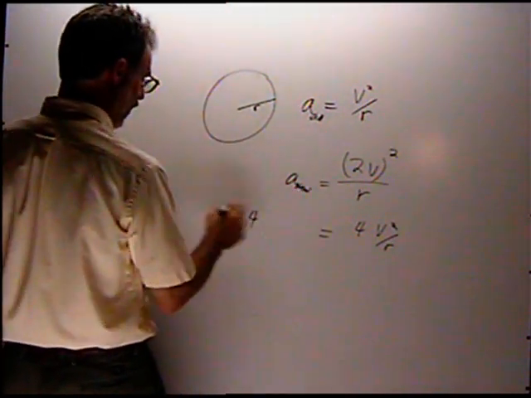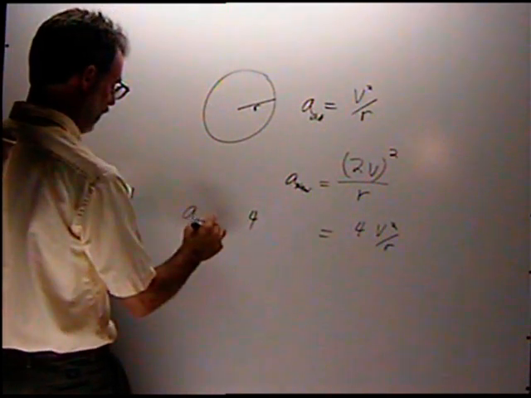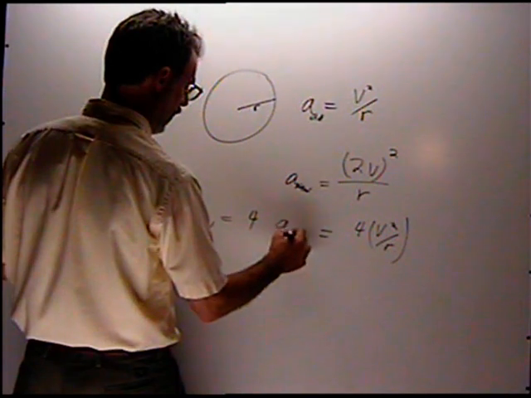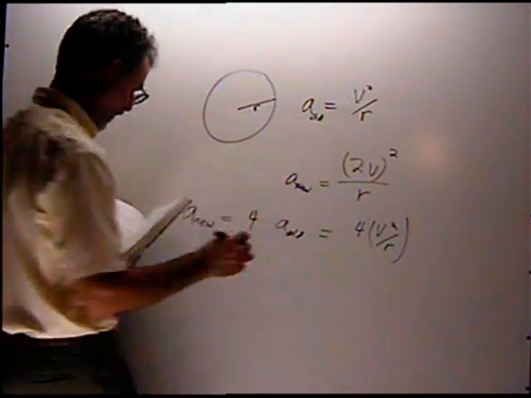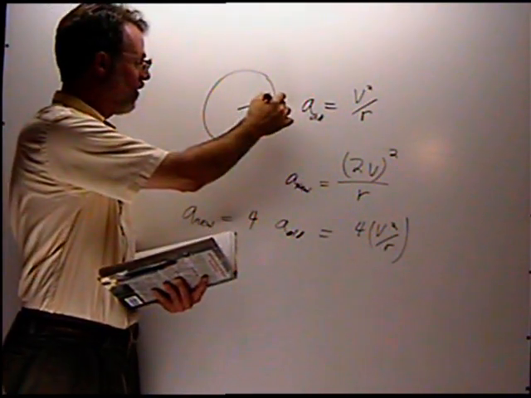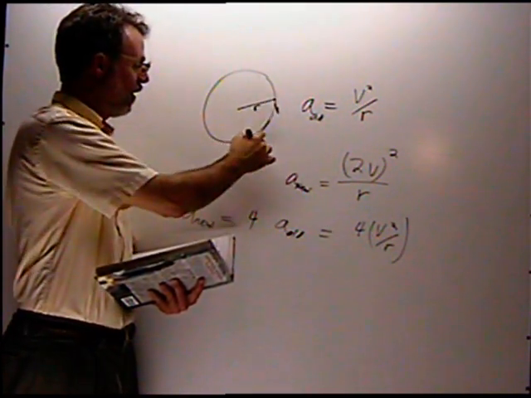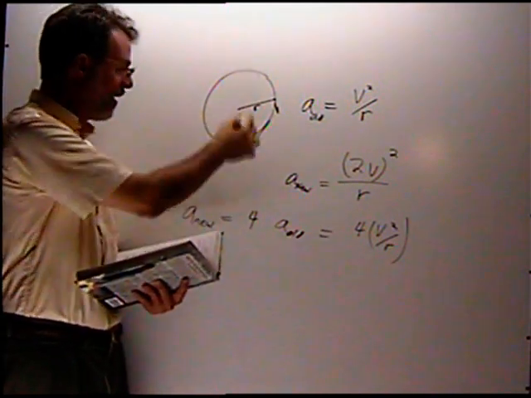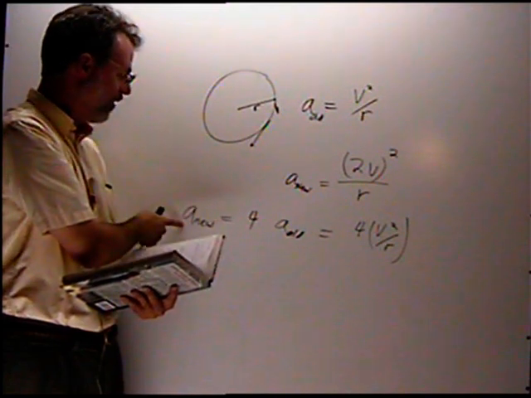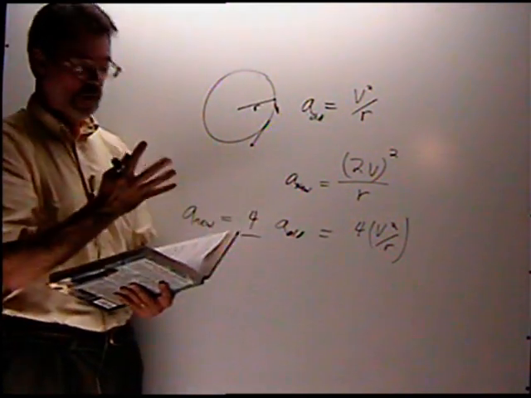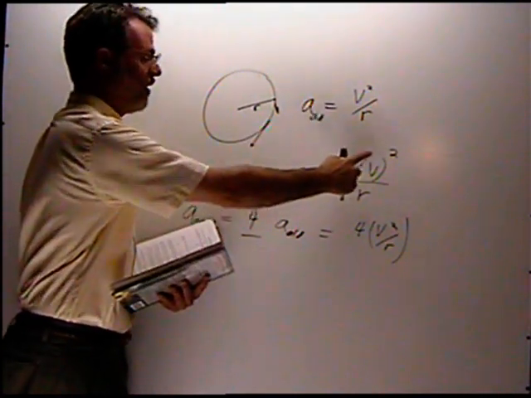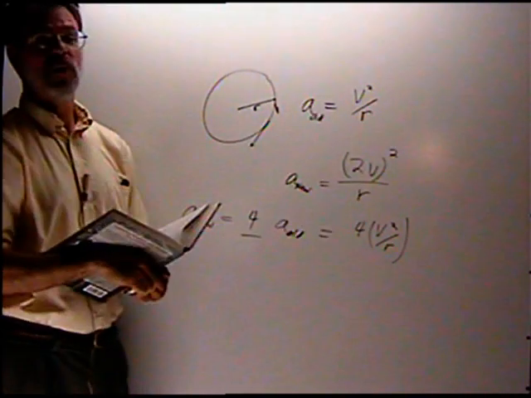The new acceleration is 4 times the old acceleration. So if the speed suddenly doubles, in order to keep traveling in the same circle with the same radius, the centripetal acceleration needs to increase by a factor of 4, because you double the velocity and you square that, which means it's quadrupled.